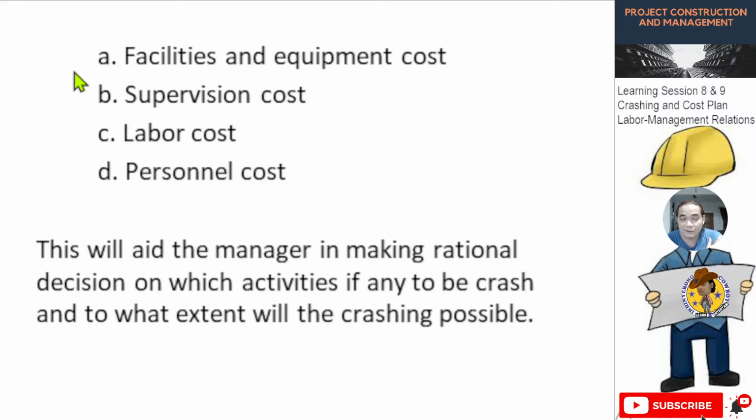There are reasons, so that is why we need to study and analyze those activities. Maybe we have to write down some consequences if those activities are crashed or reduced.